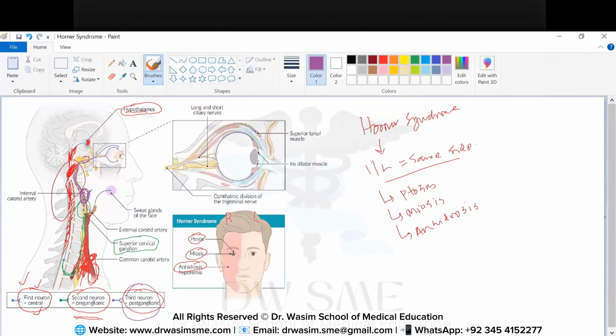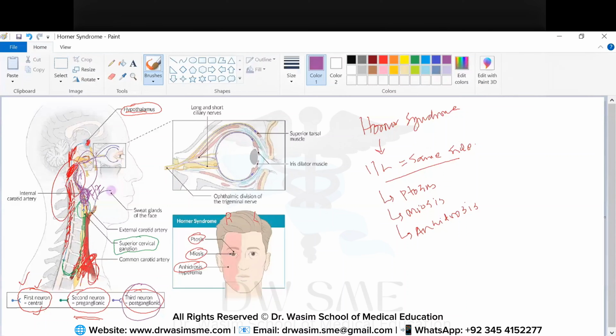The second one is if there is any tumor in the region that may compress the third neuron or postganglionic fibers, that may also cause Horner syndrome. And the last one is herpes zoster infection. The herpes zoster infection may also cause third neuron Horner syndrome.